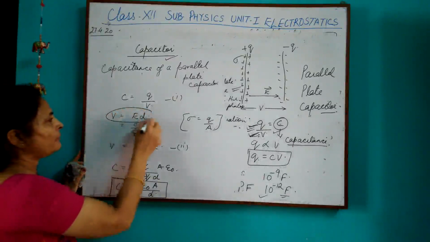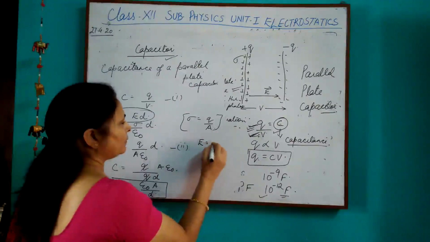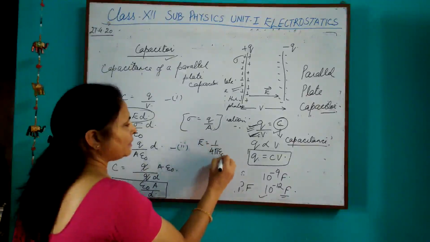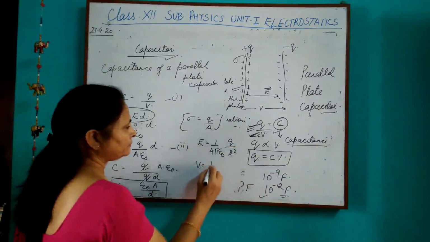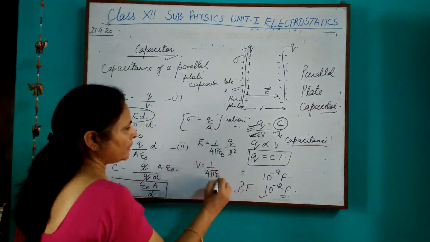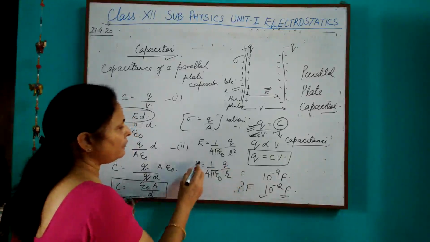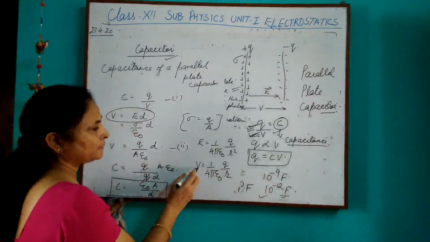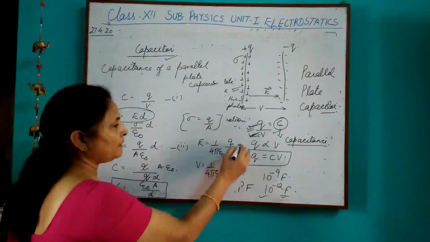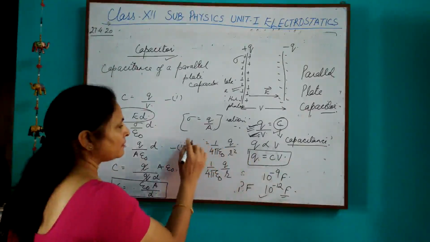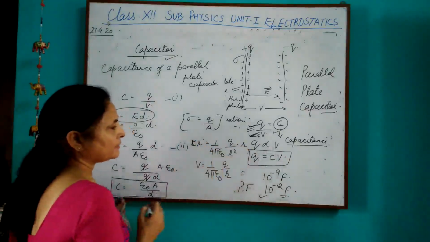Now from where have we got this formula? You know that E is equal to 1 by 4 pi epsilon naught Q upon R square. And V is 1 upon 4 pi epsilon naught Q upon R. If I multiply E by R on both the sides, what will you get?